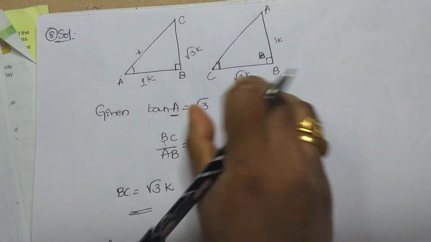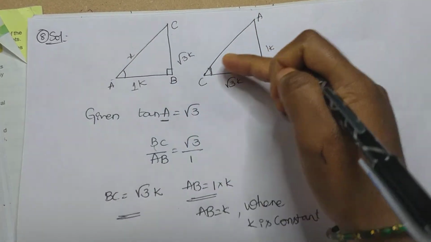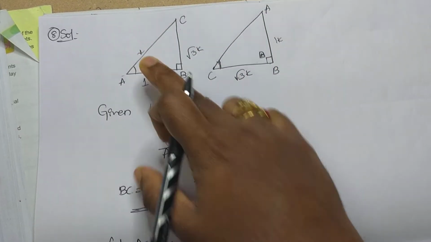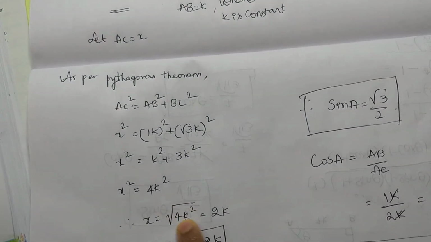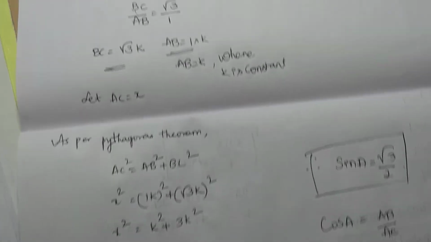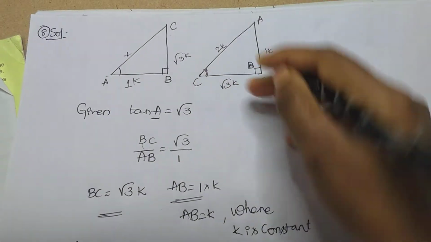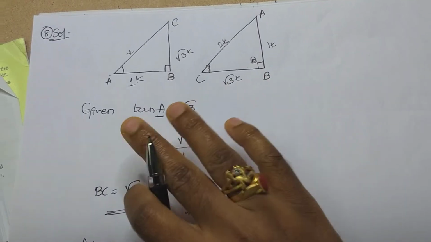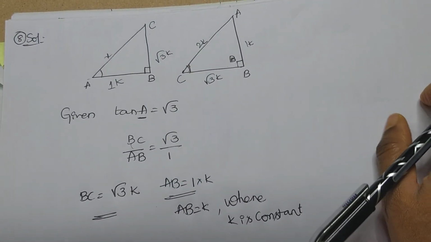Apart from that, the length of the sides will be the same. I am repeating again: AC value we have taken as x, and we got the x value as 2k. So here the AC value also remains the same as 2k. The length of the sides does not change at all, unless they mention it.